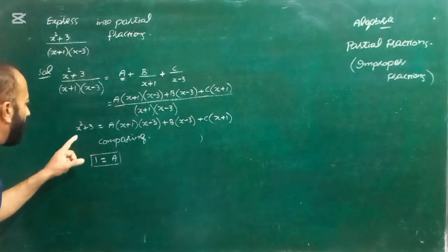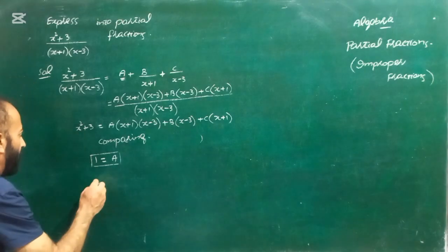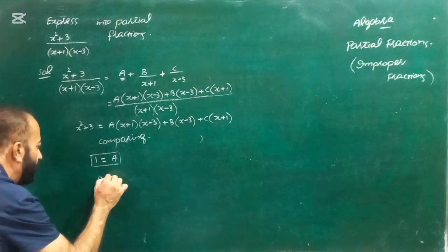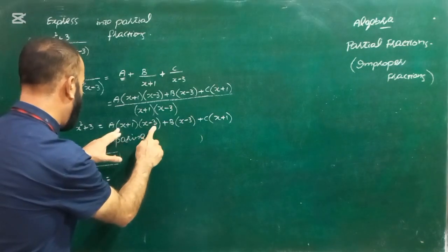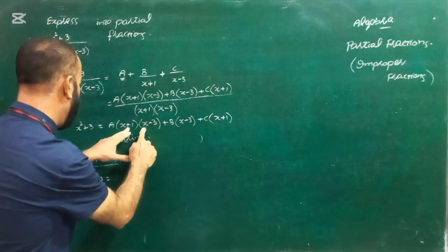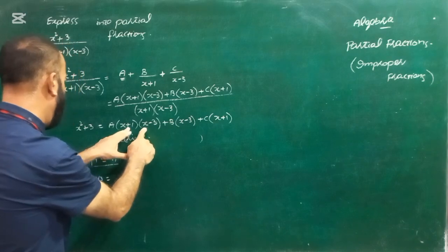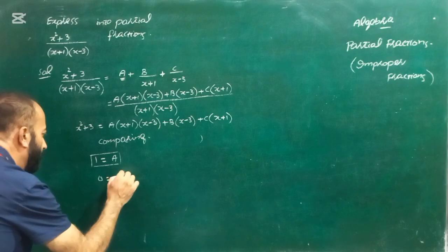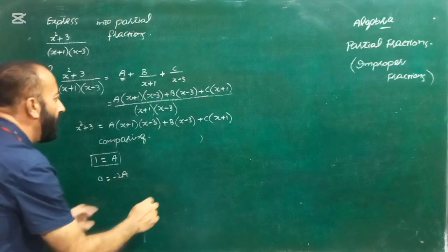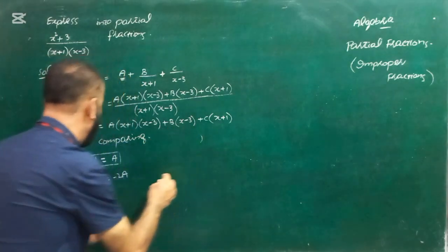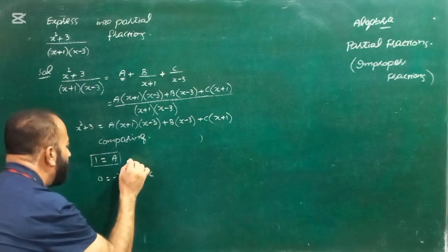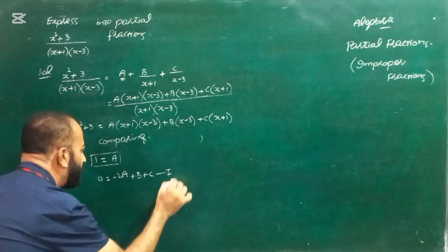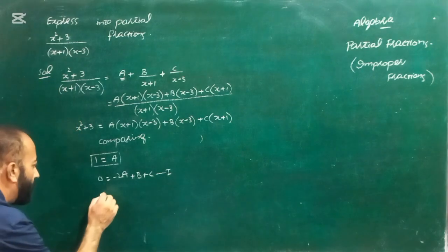Now comparing the coefficient of x: the x coefficient will be 0 on the left hand side, and on the right hand side minus 3A plus A, so minus 2A, plus B plus C. So this is equation number 1. And now constant terms.